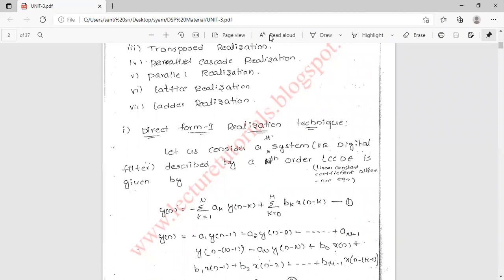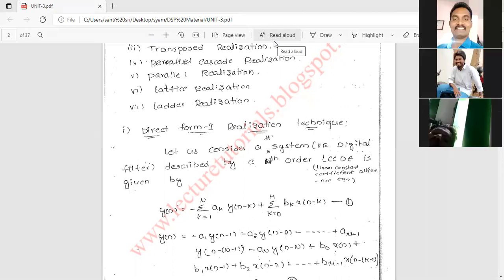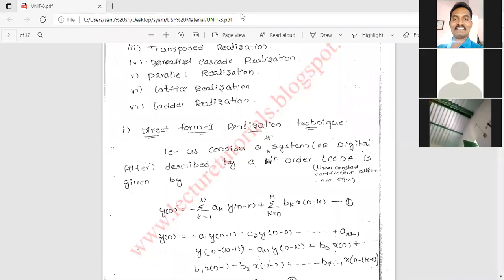It is given by y of n equal to minus sigma k equal to 1 to n a k into y of n minus k, plus sigma k equal to 0 to m b k into x of n minus k. Let this be equation number 1.